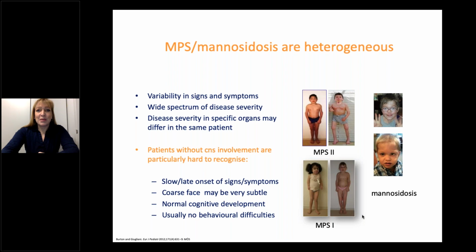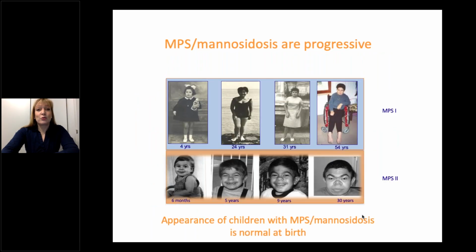So it means MPS or mannosidosis patients each have their own disease, and this makes the clinical picture extremely difficult and variable. And especially if patients have no cognitive involvement, it is even more difficult to diagnose.